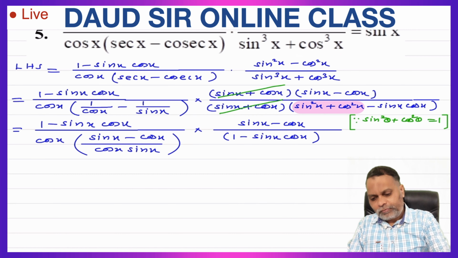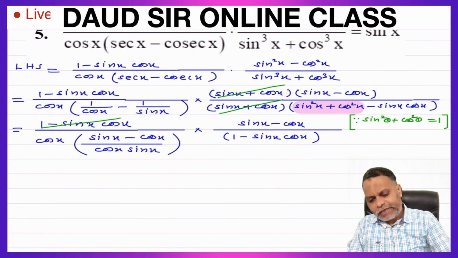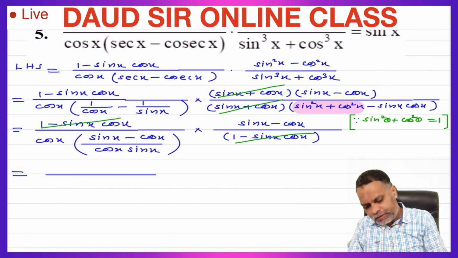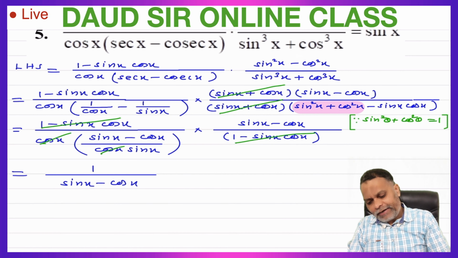So 1 minus sin x cos x, 1 minus sin x cos x cancelled, which is equal to here this 1, and this cos x also cancelled. So here sin x minus cos x, and this sin x we can shift in the numerator.